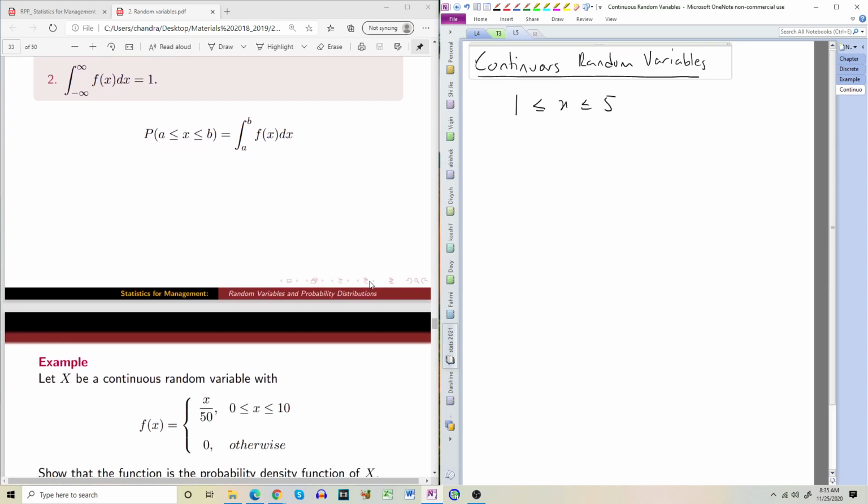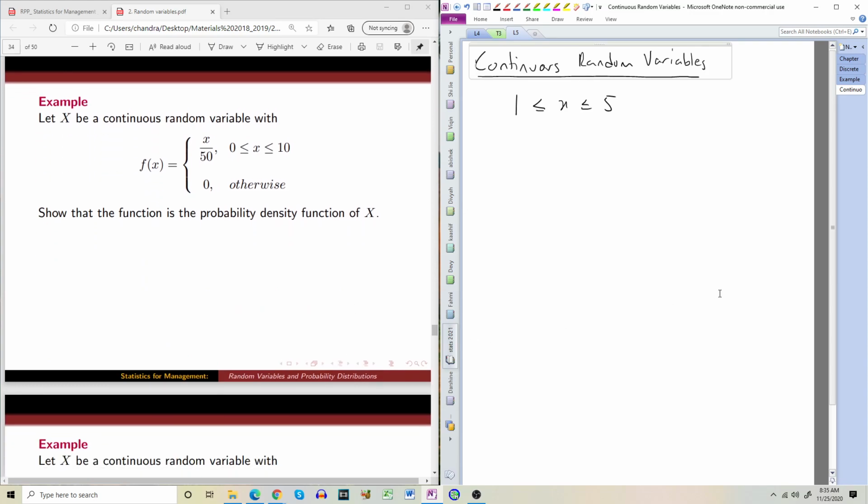Look at example 1. Let x be a continuous random variable. f(x) is given like that.